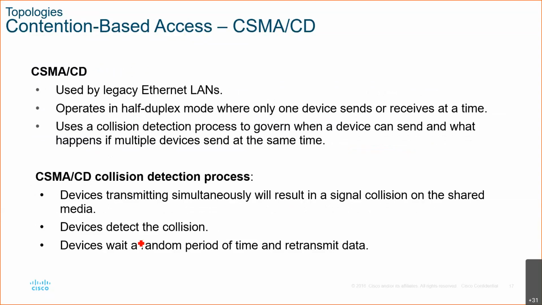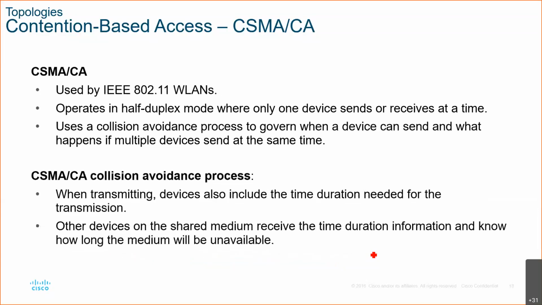So every time it detects a collision, okay, it will wait for a random period of time and then retransmit that data again. Now, this technology obviously works in a half duplex mode. It's not the best, but it is improved in terms of CSMA-CA, collision avoidance. Again, this also unfortunately works in half duplex mode.